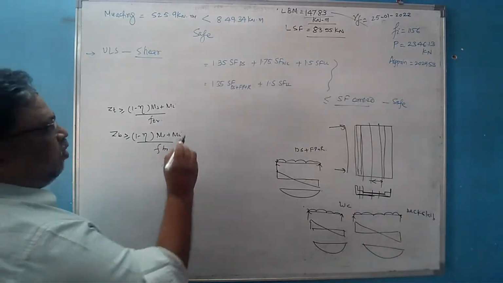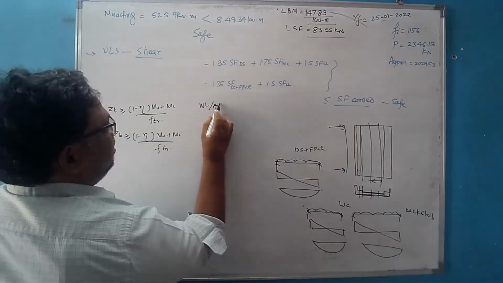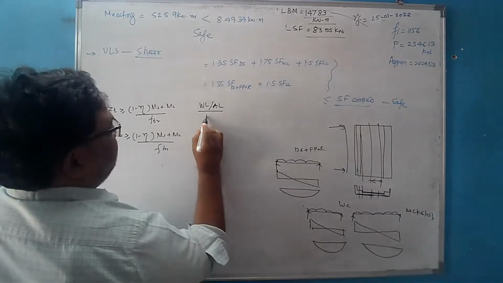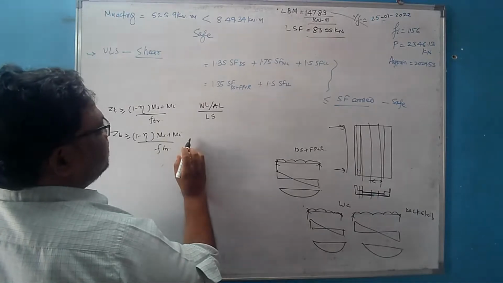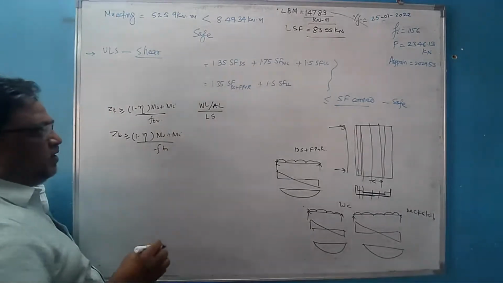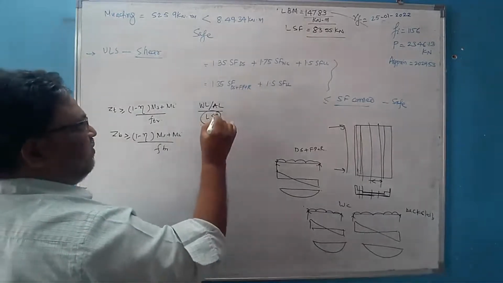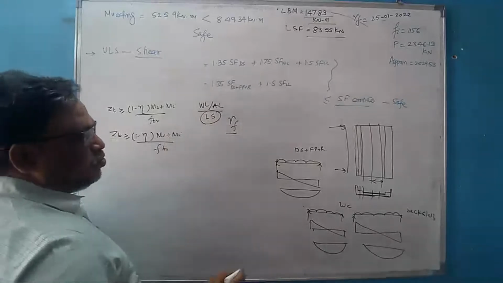When we are solving the problem using the allowable working load and allowable stress method with reference to the limit state of serviceability, we have a certain gamma f, the partial safety factor for load.